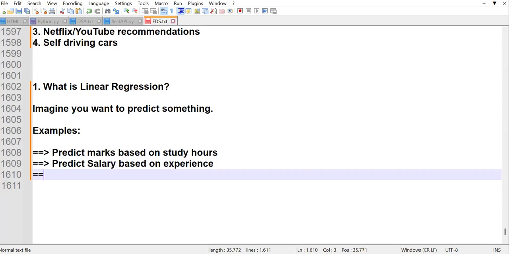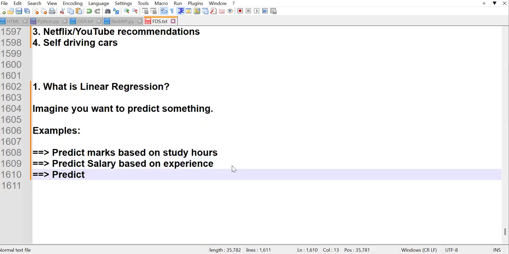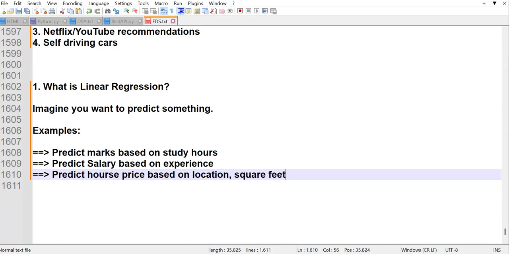Next example, we can say predict house price based on location, square feet, etc. Square feet, or near metro, near school, near airport, like that we can predict the house price.